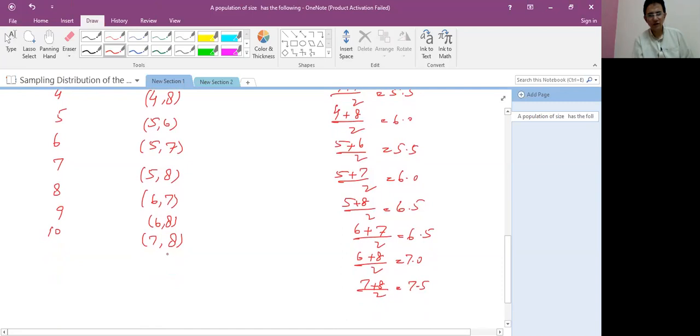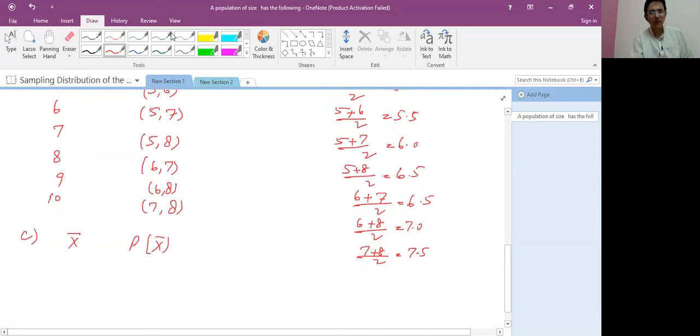Now the next part: form a frequency distribution. First we write the column x bar, and the next column is tally marks, and the third column is f, frequency.